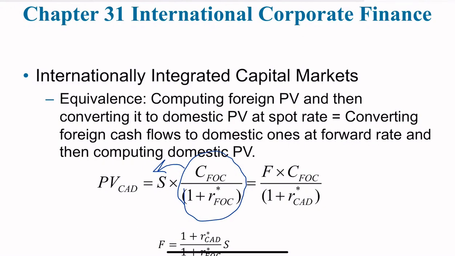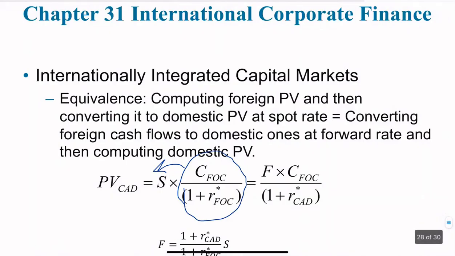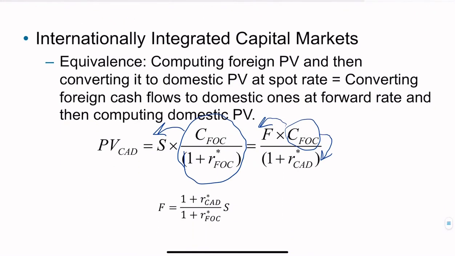In the second method, you can convert the foreign cash flow using the forward exchange rate. And after that, you will discount this converted cash flow with domestic cost of capital. And because capital markets are internationally integrated, these two methods should give you the same result.